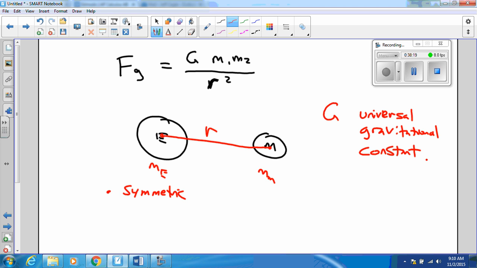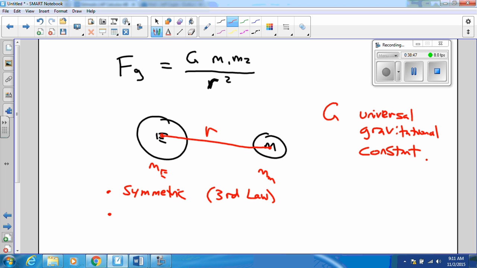And what this means is that the amount of gravitational force that the Earth exerts on, say, me, is equal, but opposite to, the amount of gravitational force that I exert on the Earth. Just as much force, but as we discussed before, not just as much acceleration, because of the different masses. So it's symmetric, and that's really Newton's third law.